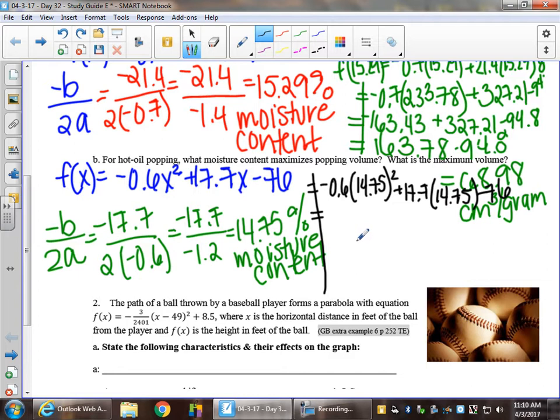What is 14.75 squared? It's 217.56. What is 17.7 times 14.75?